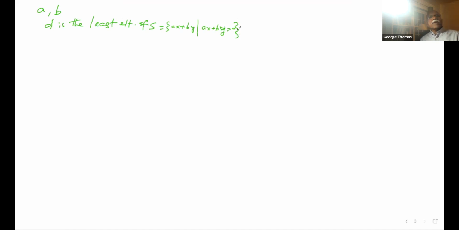We started with an A, we started with a B, we now got a D. D is the least element of S, where S is AX plus BY, AX plus BY bigger than 0. That's what we have done so far.